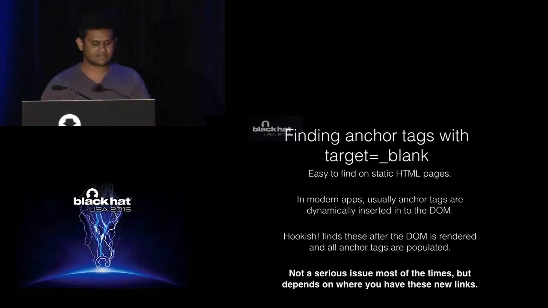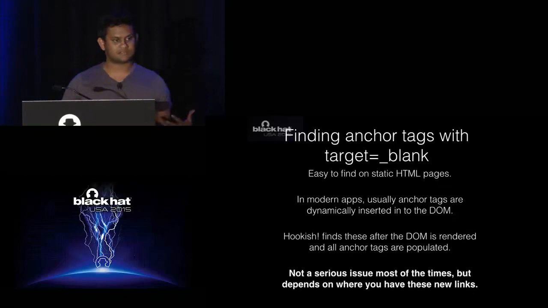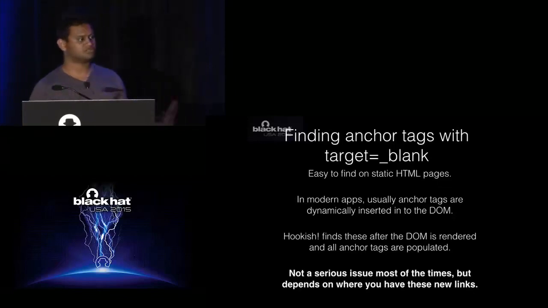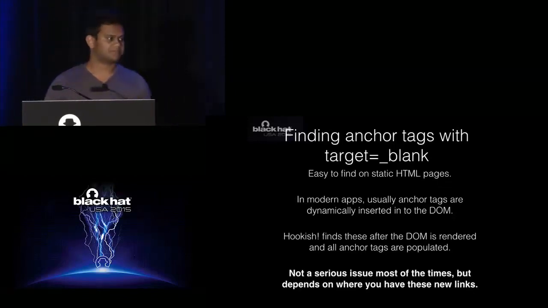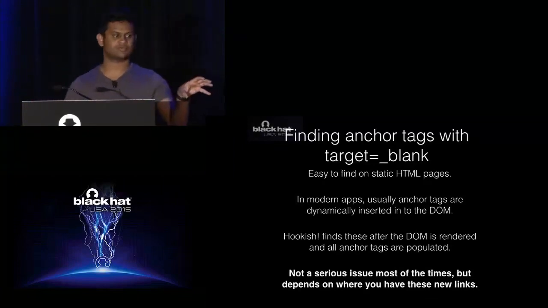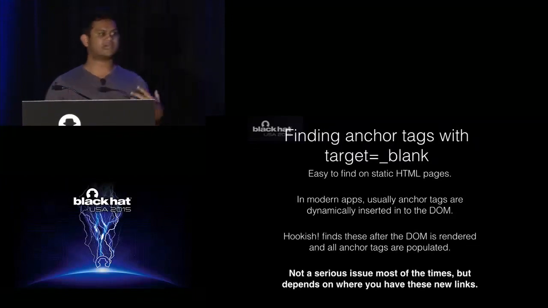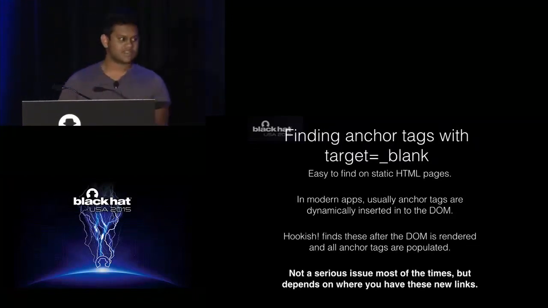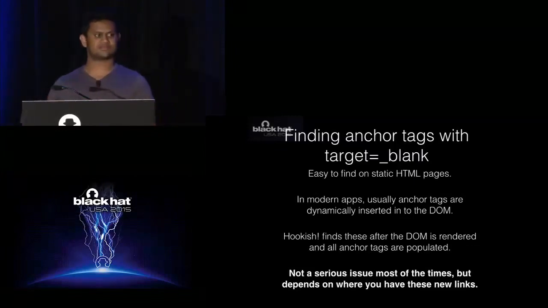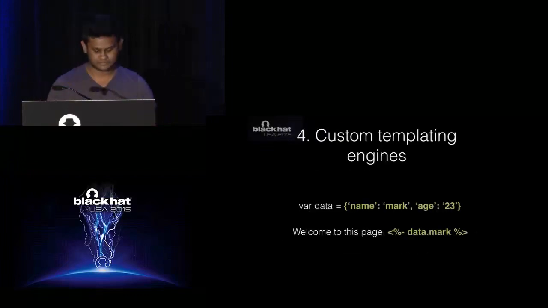But static analysis is pretty bad at doing that, because in most of the cases I've seen, developers have the links already populated in the HTML, and then they have some jQuery code which runs on window.load and tries to inject underscore blank and rel equals noreferrer on load. So here you need to dynamically understand and parse the DOM and then get the results. This is possible only by using dynamic analysis tools like Hookish.